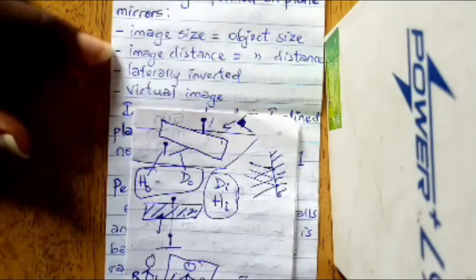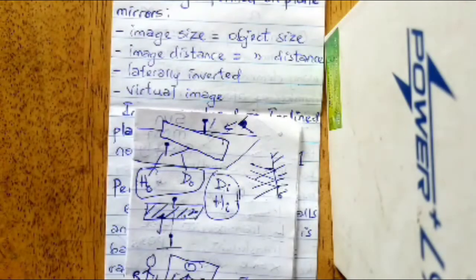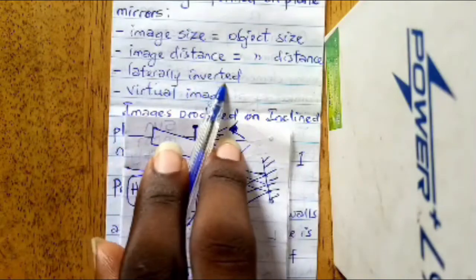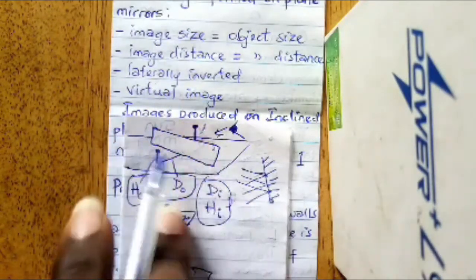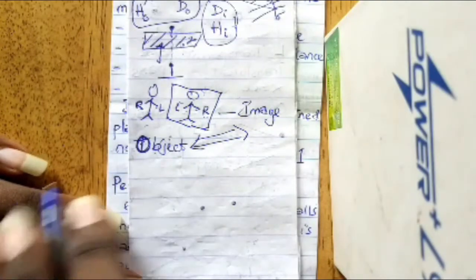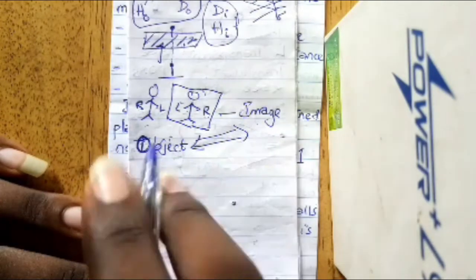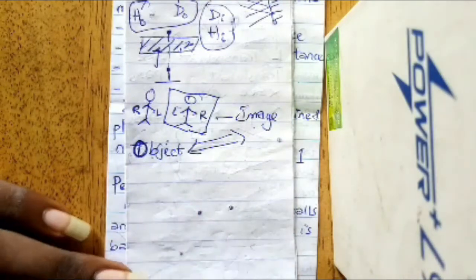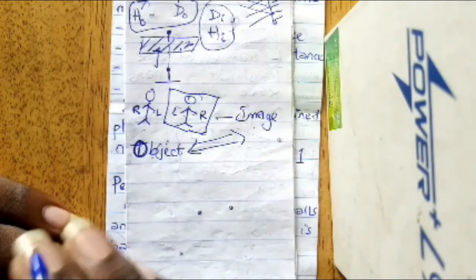And the image distance is also equal to the object distance in plane mirrors. The images are laterally inverted and they are virtual images. Like I explained earlier, you have lateral inversion, the object height equals the image height, the object distance equals the image distance, and you have virtual images being formed on plane mirrors.